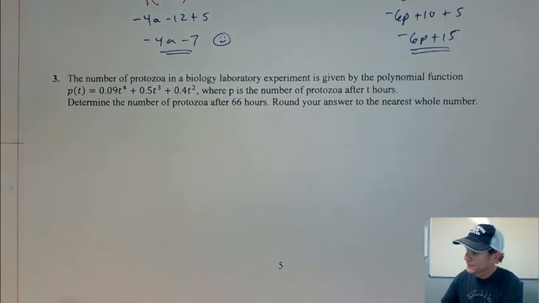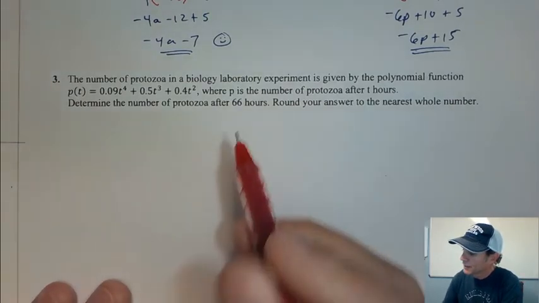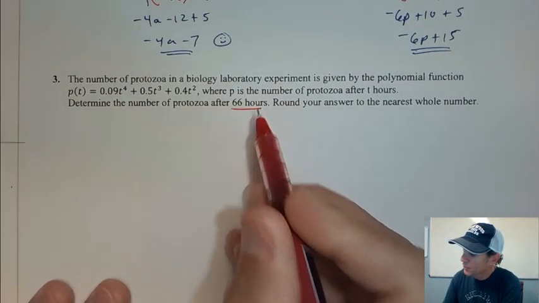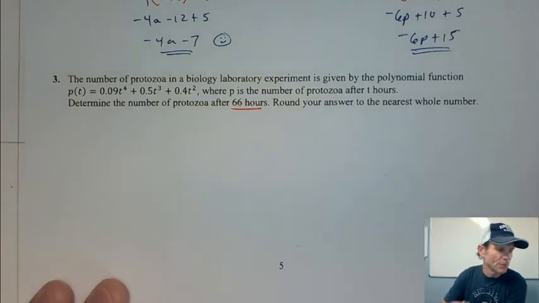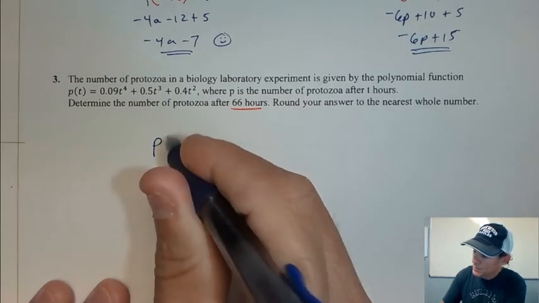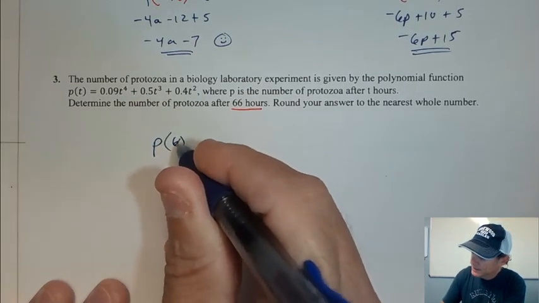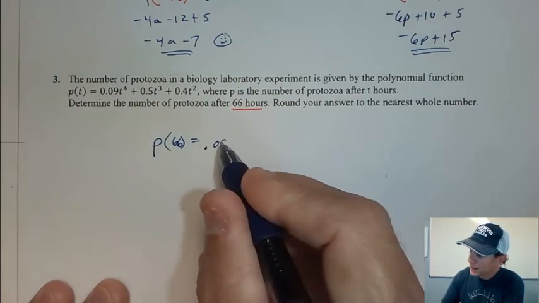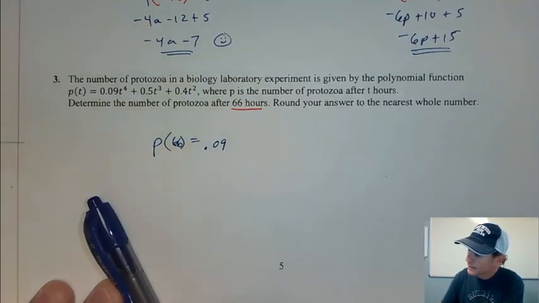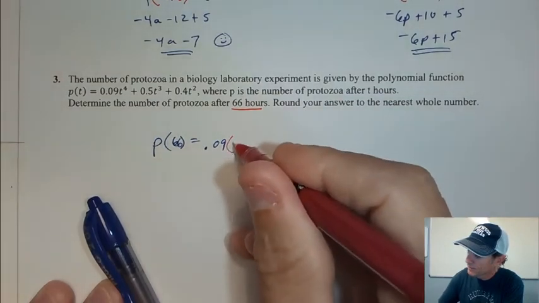Okay. And then we have an application problem here where it says something about some protozoa that are present in an experiment, and here they give us 66 hours. That's our input value of t. Okay, so when we write this out, we end up getting p of 66 is equal to 0.09 times 66 to the 4th.